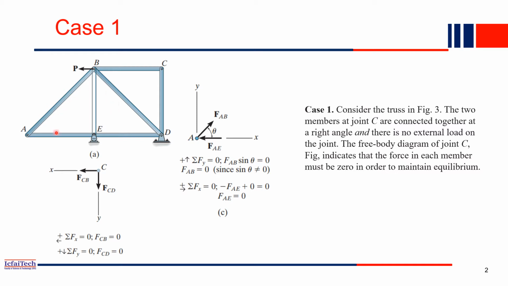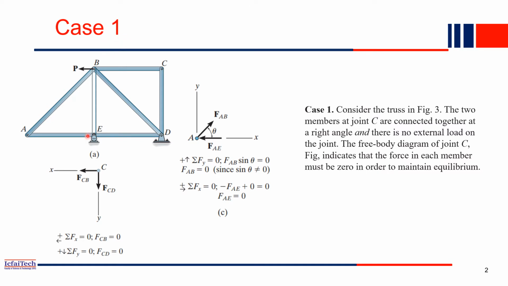If we identify those members and simply put them as zero, then our problem will be very much simplified and we can do the structure analysis very quickly. Basically there are two cases where we can tell that those are zero force members.